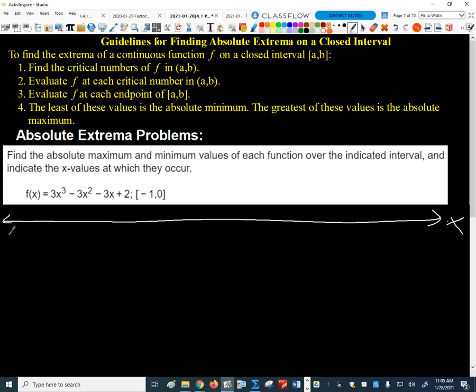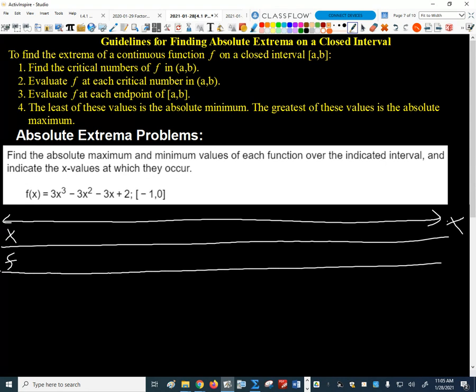The first row we're going to make is our input values, that's x. The second row is the output values, y or f, it doesn't matter. This is f of x. And then we're going to make a third row, which is f prime.